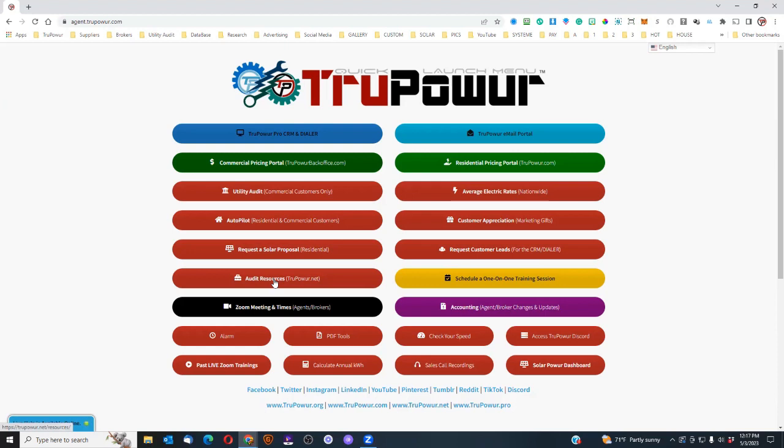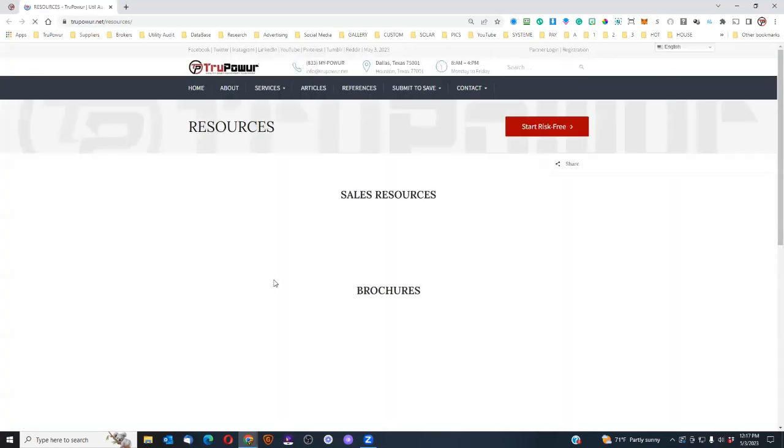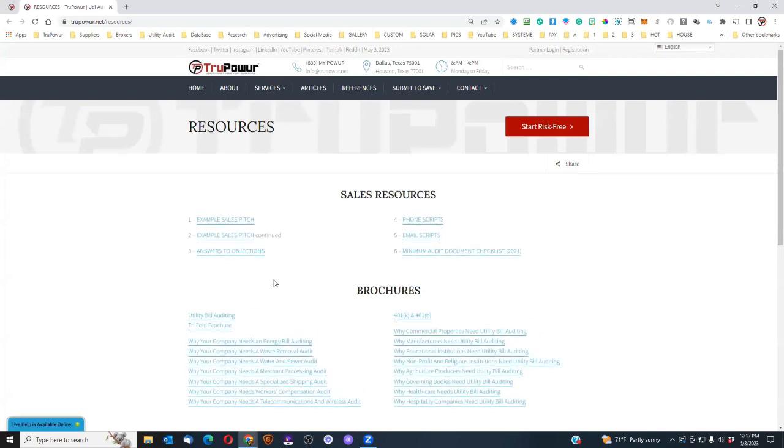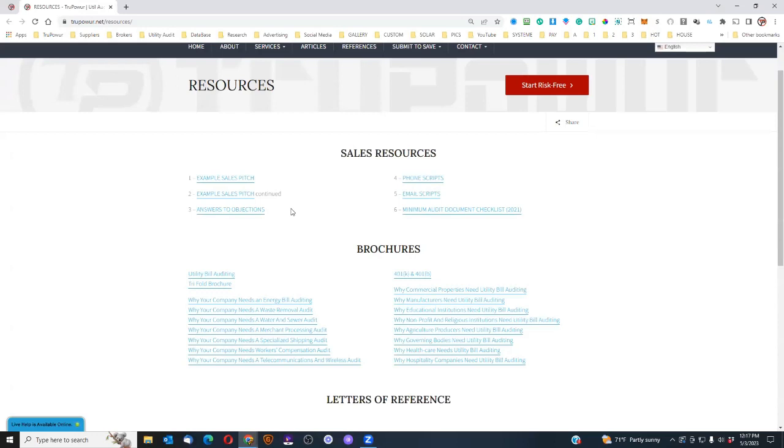The audit resources. So if you're doing a utility audit and want to find more resources for the utility audit, that is also available right here. Now, on the website, there is an area where they can get more resources, except that the resources you have actually are a little different.